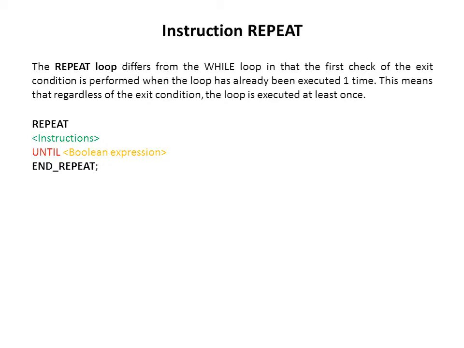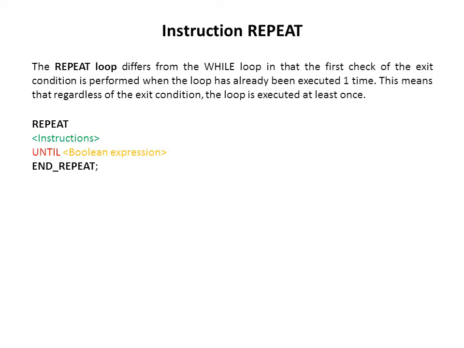So the instructions section runs in cycles until the Boolean expression returns true. If the Boolean expression is true before the first iteration, the instruction section will be executed once. If the Boolean expression never takes the value true, the instruction section will run indefinitely.